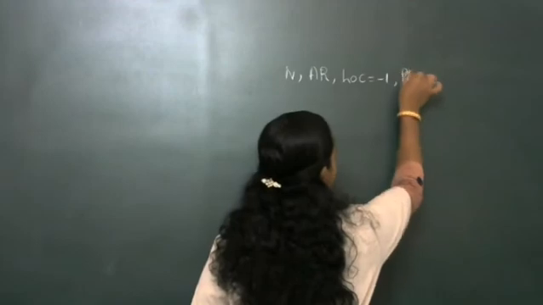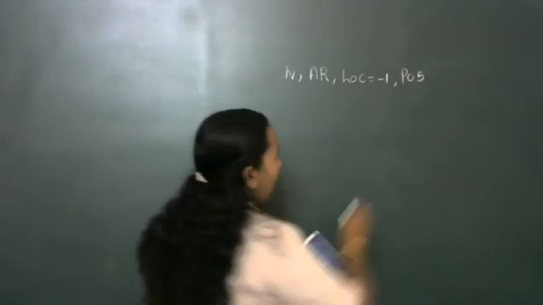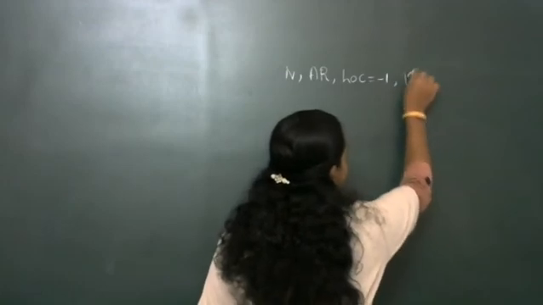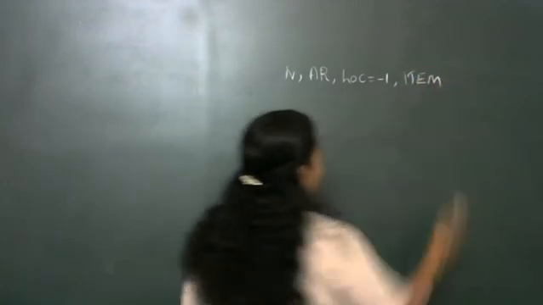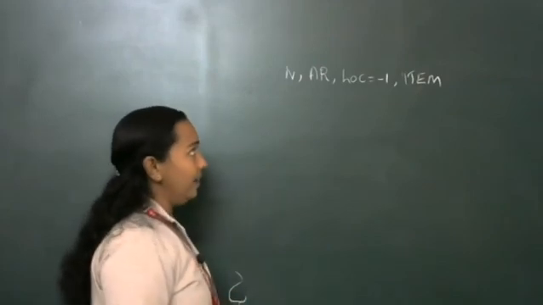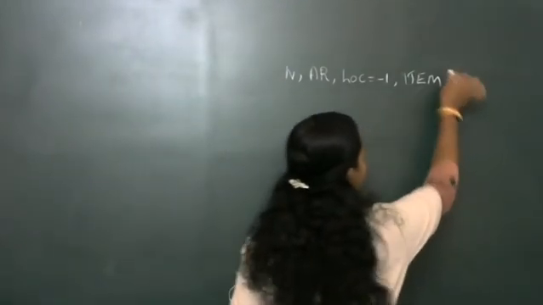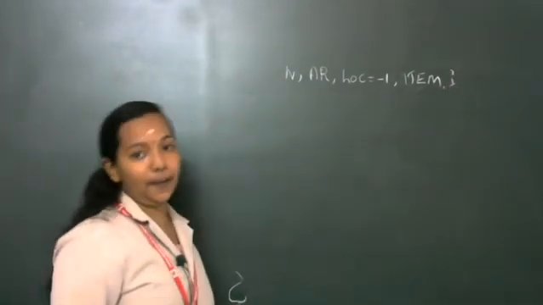Then POS, position, and item. So these are the variables that we are using: AR, n, location -1, item, and one more loop control variable called i.